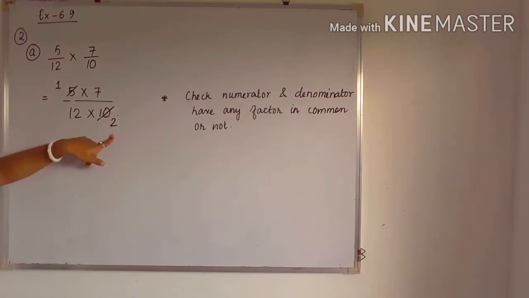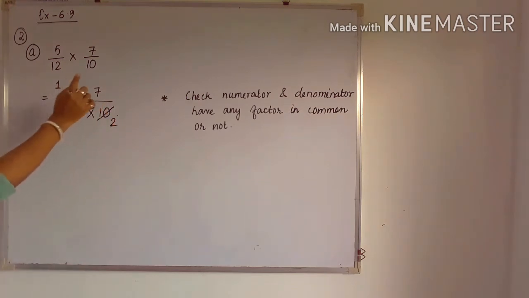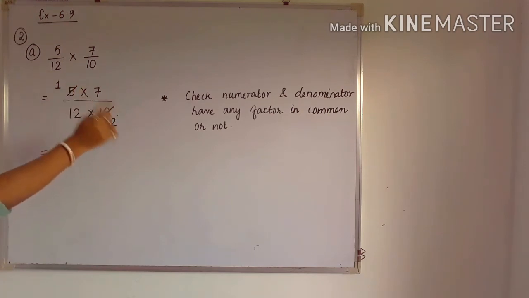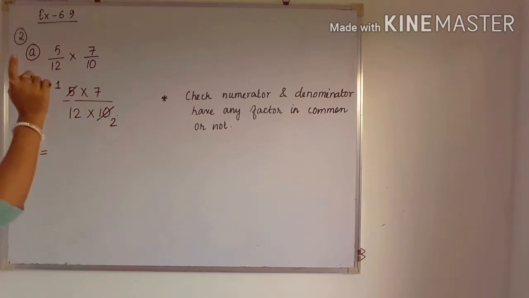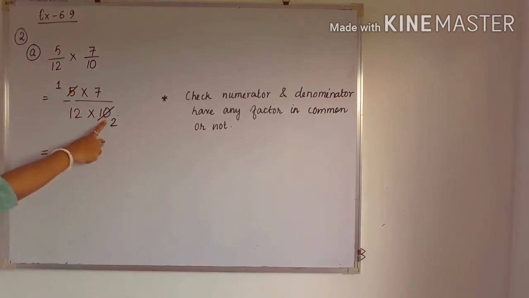Why are we reducing? So that the multiplication becomes simple, so that the number we get is lesser than the previous number, and we can continue the simplification very easily. I am using the multiplication table of 5 because both 5 and 10 come in the multiplication table of 5.